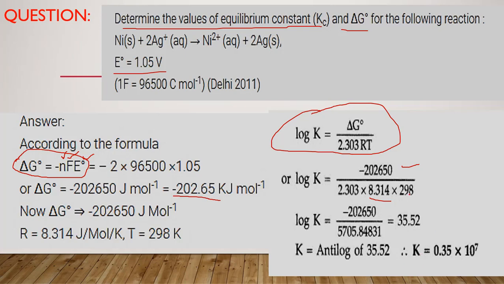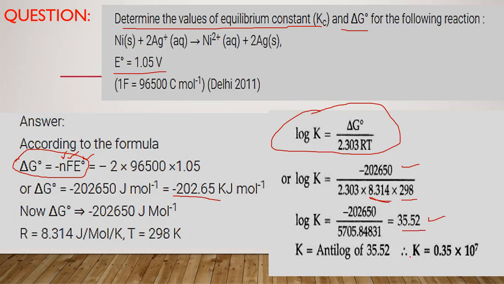Okay, this R value sometimes students will confuse. So this is the joules given, so 8.314. Then temperature 298 Kelvin, just put those values here, multiply and divide. Again here log K equal 35.52.